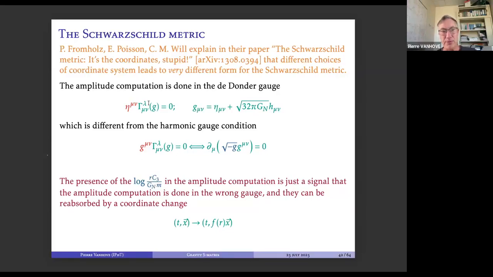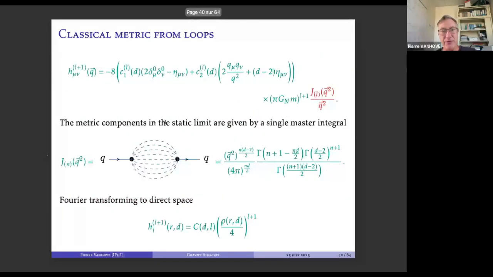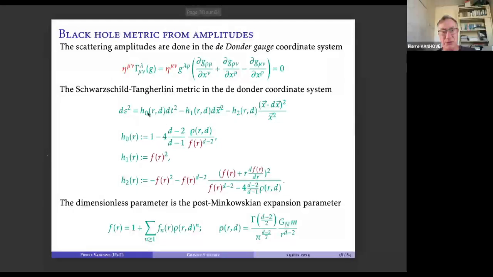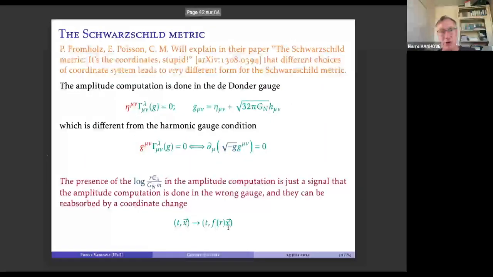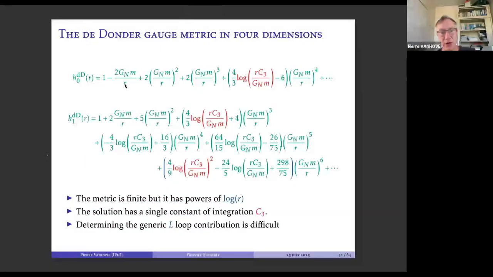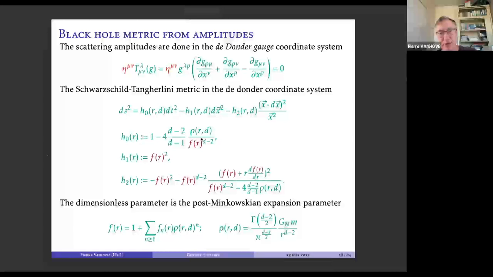But if you try to write the Schwarzschild metric in that gauge, you will have an expression which involves this function f. Take d equal 3, so that means rho, your order parameter, is just 2GM over r, but then you will have terms that contain some logs in it.